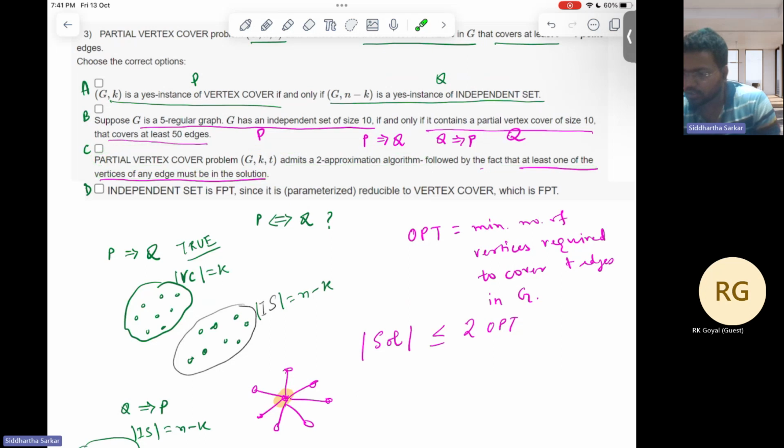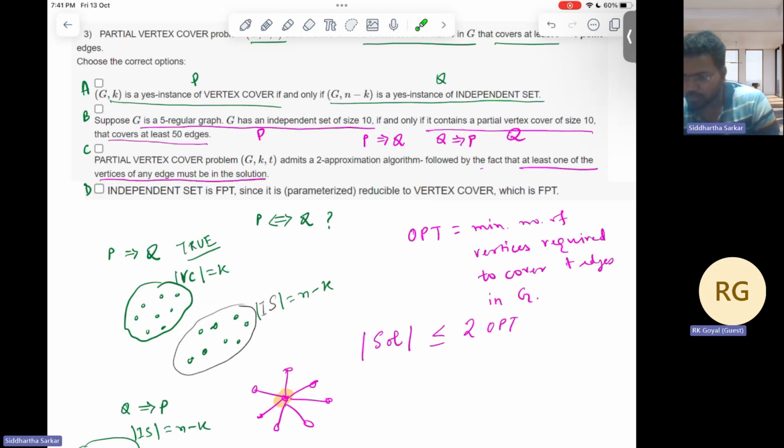The first thing is that we are interested in only covering t number of edges. So at least one of the vertices of any edge must be in the solution is not true. At least one of the vertices of some t edges must be in the solution is correct.